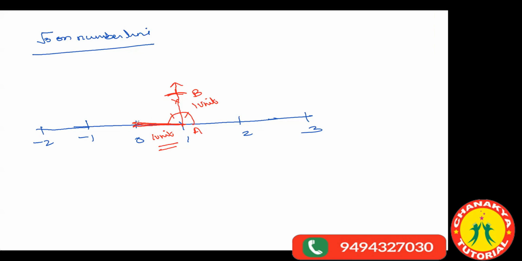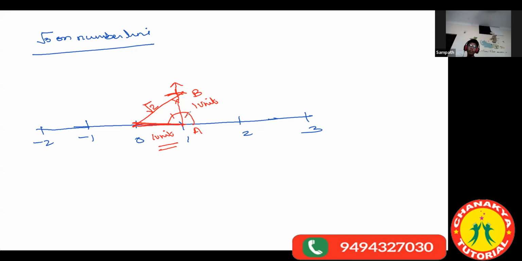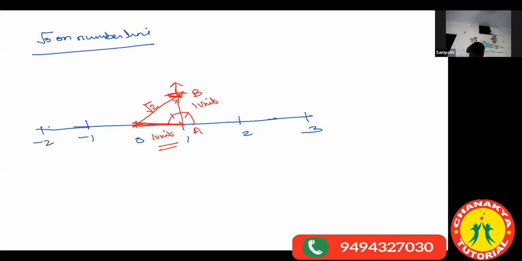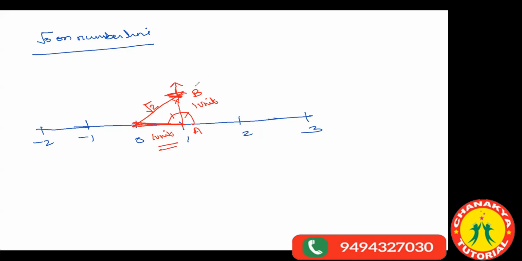Now join O to A, O to B. Now children, this line segment was of root 2 units. Earlier we have drawn also. Yes, ma'am. So when you are representing root 3 on number line, first of all you have to draw this much. Clear? As you have drawn in root 2. Yes, ma'am. Okay. Now see, next thing.